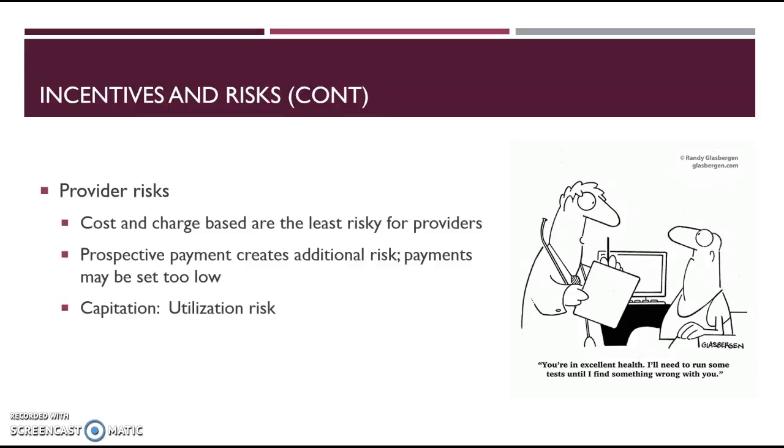Prospective payment creates a little bit more of the risk for the provider. So in this case, the payers are setting the reimbursement rates on the basis of what they believe to be sufficient. If the payments are set too low, the providers can't make money on the services without sacrificing quality. So that can happen.